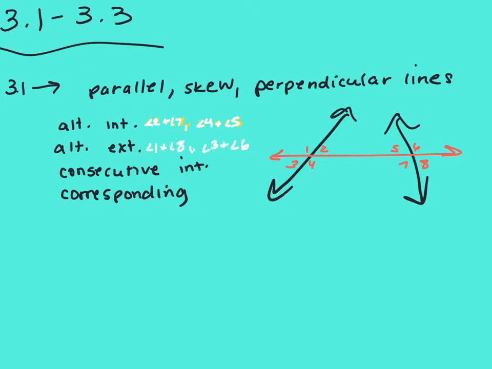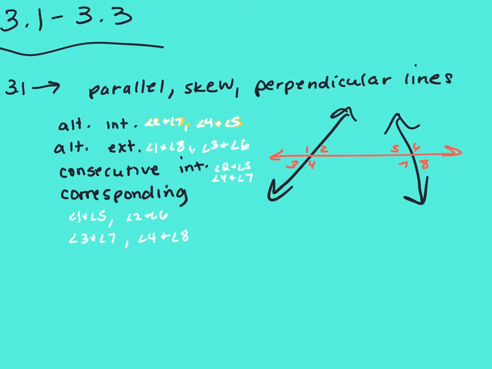Consecutive interior would be 2 and 5, 4 and 7. And corresponding 1 and 5, 2 and 6, 3 and 7, 4 and 8.